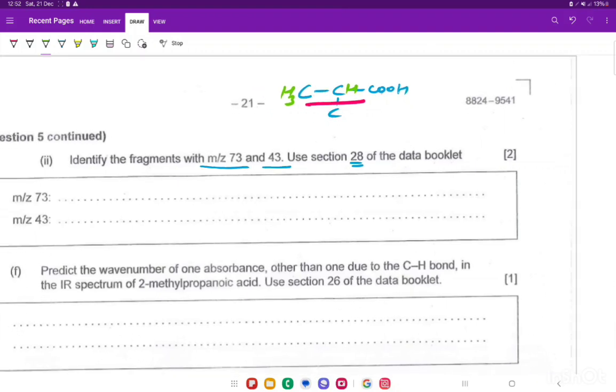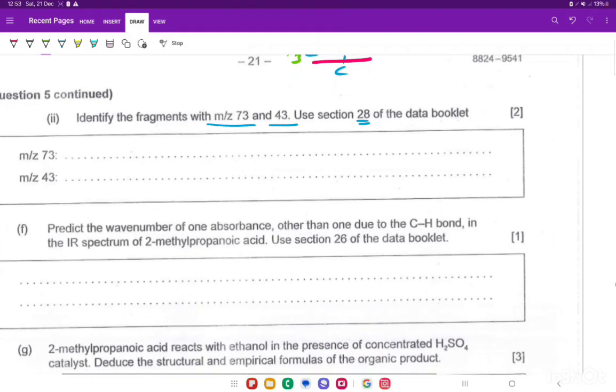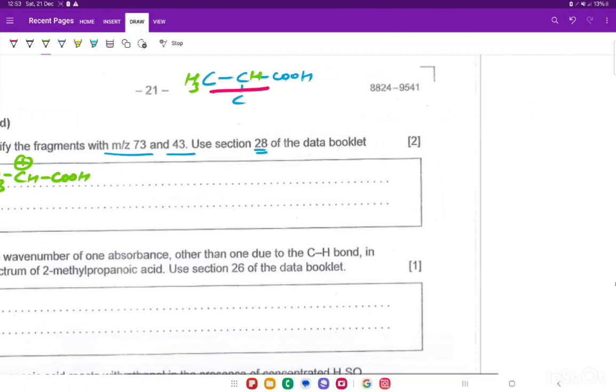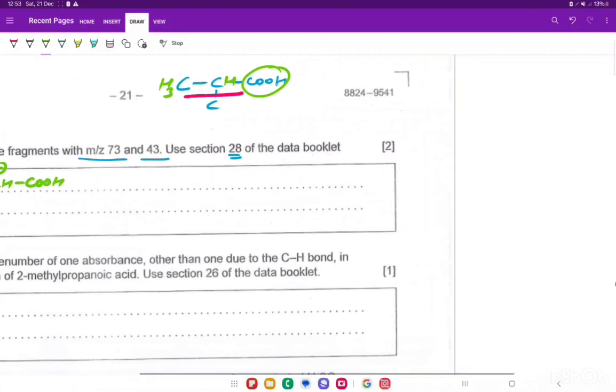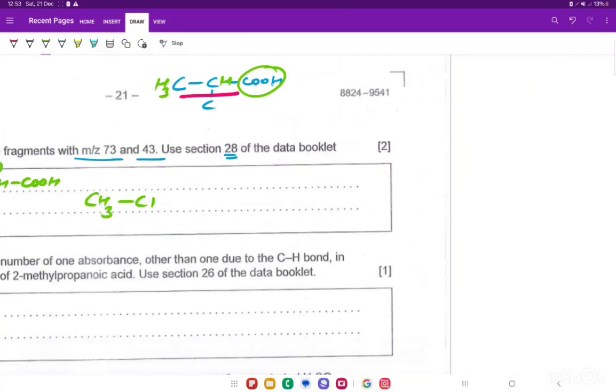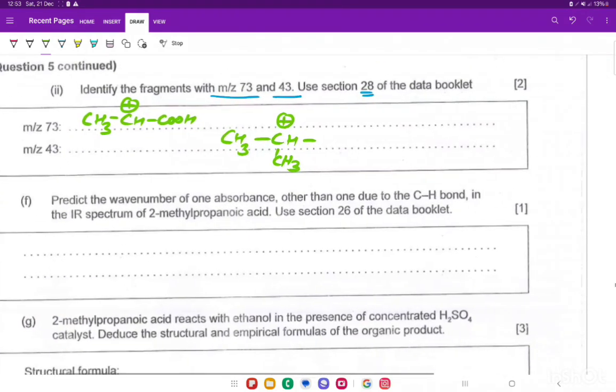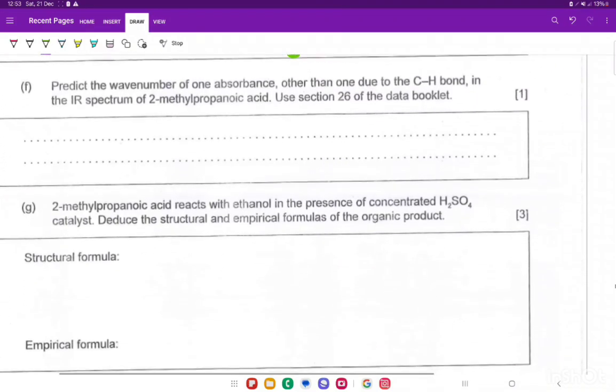If I calculate the molar mass, 36 plus 32 plus 5, that comes out to be 73. So my answer is that the m/z 73 peak is of the CH3CHCOOH species, ionized plus. Whereas if this bond breaks from here, then it will be 43, that is CH3CHCH3 plus charge. This is the second ionized species with m/z 43. That should be the answer for these two questions.